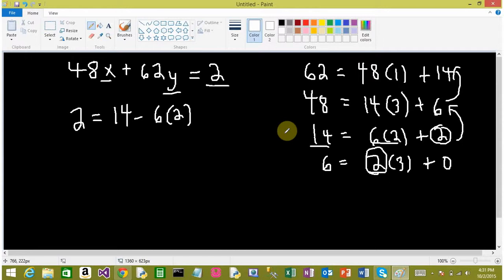And then we also know that 6 is equal to 48 minus 14 times 3. So 6 is 48 minus 14 times 3, and that's all times 2.